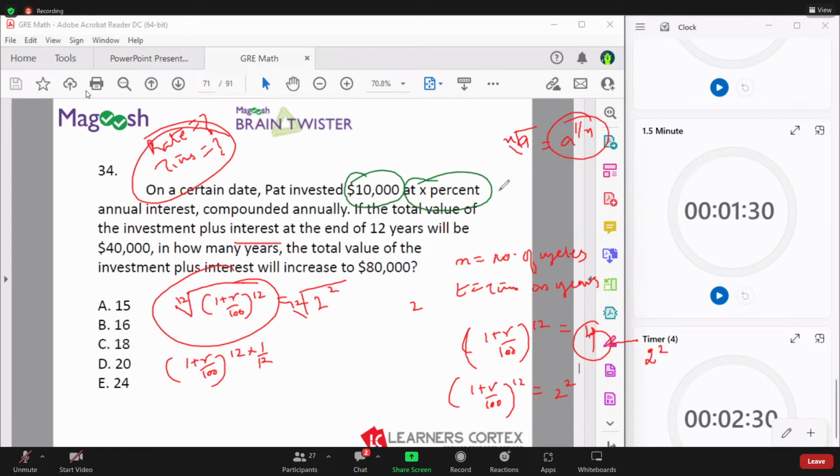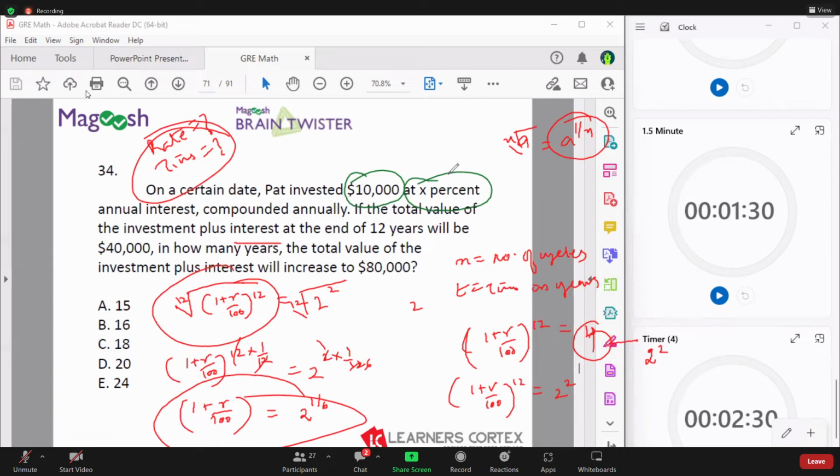This becomes 2 to the power 2 times 1 by 12, which is 1 by 6. So what we have gotten is that the value of 1 plus R over 100 is 2 to the power 1 by 6. Also, Ashwin, with compound interest, the amount will double, exactly.